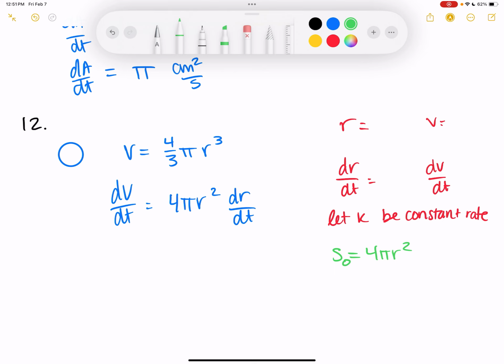All right, so the droplet's radius increases at a constant rate. So that would mean that dr dt would be this K value then.